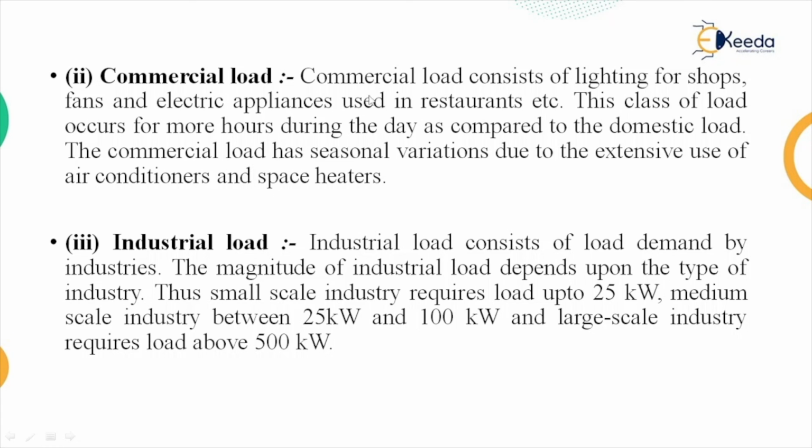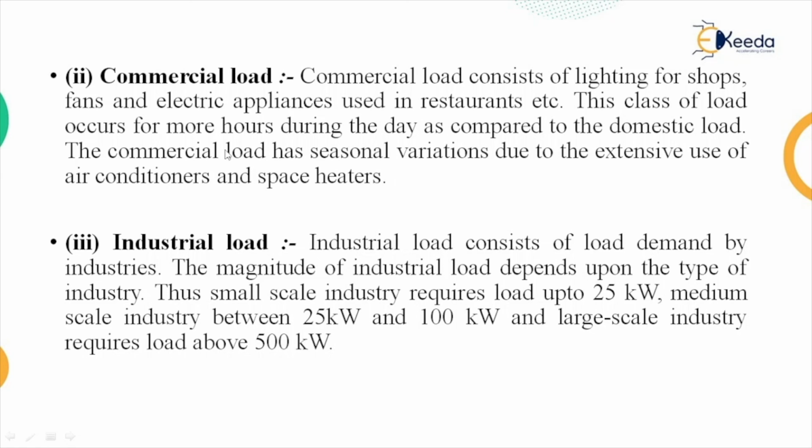The next is the commercial load. Commercial load consists of lighting for shops, fans, and electrical appliances used in restaurants, etc. This class of load occurs for more hours during the day as compared to the domestic load. The commercial load has seasonal variation due to extensive use of air conditioners and space heaters.